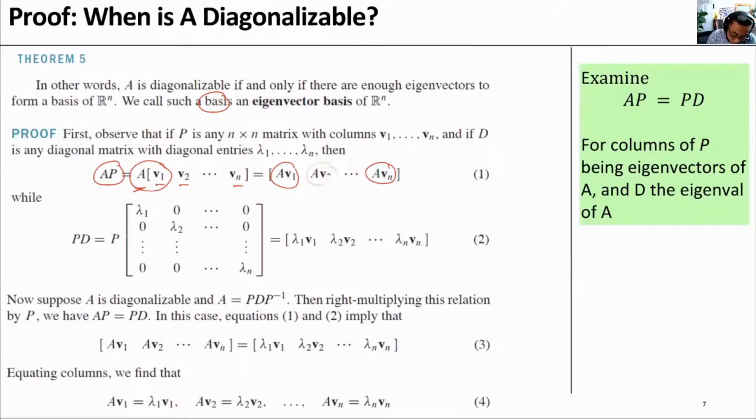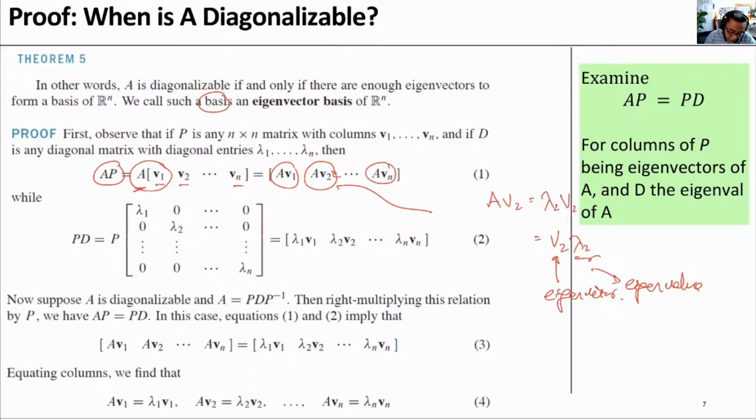What about AV2? Well, AV2 again is lambda 2 V2, or V2 times lambda 2. Again, lambda 2 is the eigenvalue, the second eigenvalue corresponding to the second eigenvector.